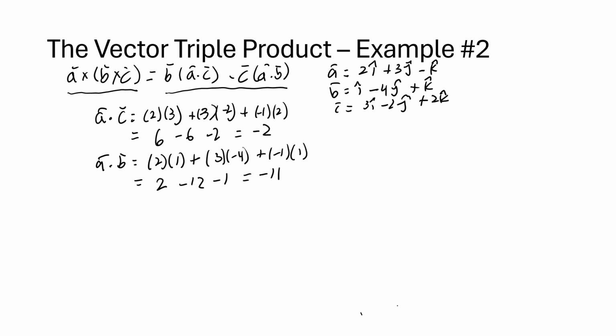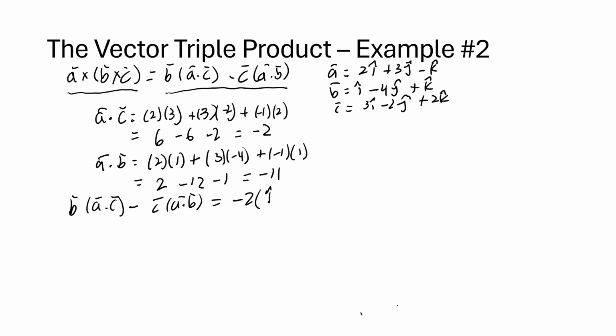So now if we expand this out, we're finished with this side here, so it's B times A dot C minus C times A dot B. Just writing that out, we've got the minus 2 in front of B because that's the A dot C. Now let's reproduce B again.